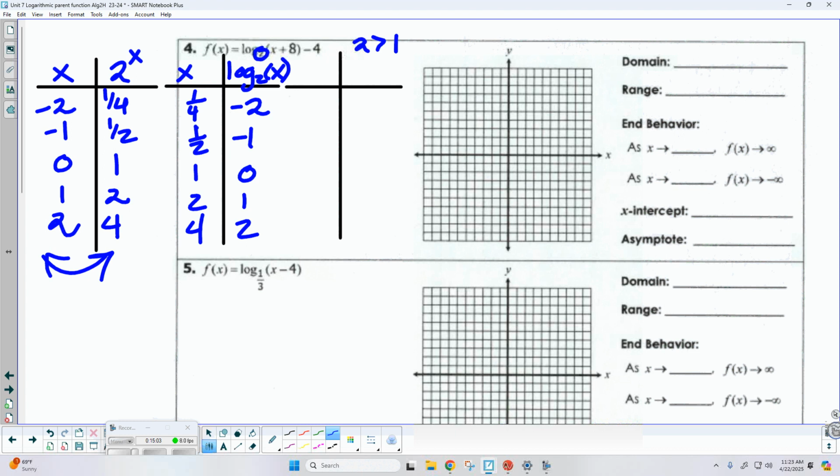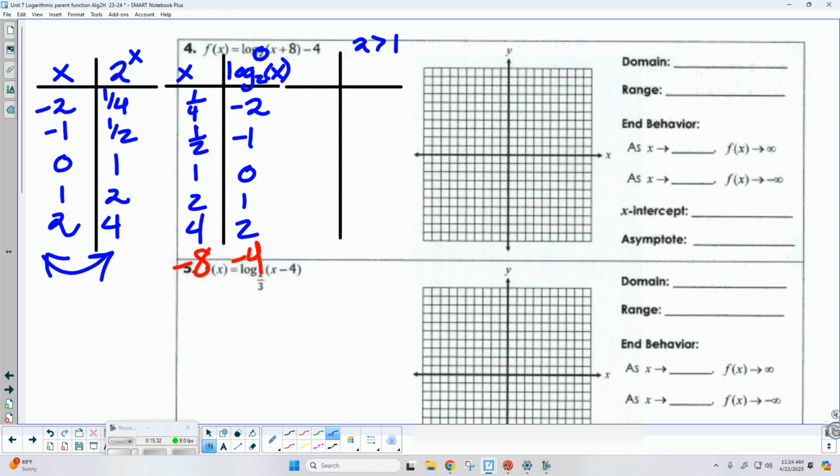So is this being shifted up or down 4? For the y values, I want to subtract 4 from each one of those. What am I doing with the x's? There you go. It says +8, but remember, when you shift horizontally, you take the what? You take the opposite. So algebraically, it says plus, we are going to subtract 8.